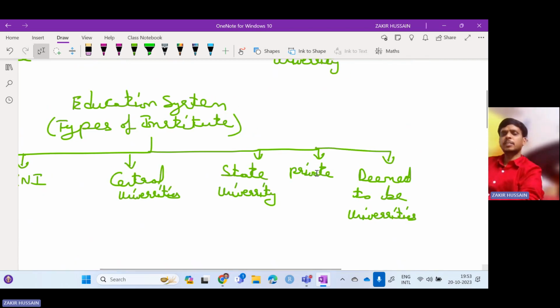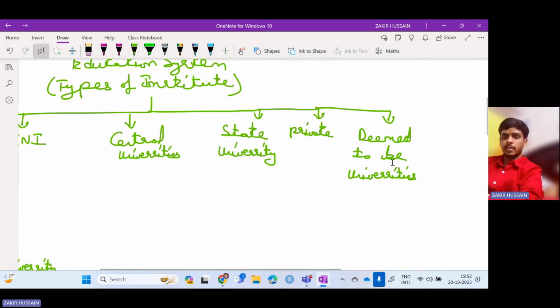Then we have private universities that are completely funded by private entities, but established by state legislation. Then we have deemed to be universities. They have graded autonomy compared to the private institutes. In deemed universities, they can set their curriculum, structure, course design and everything. They enjoy huge autonomy from the UGC.